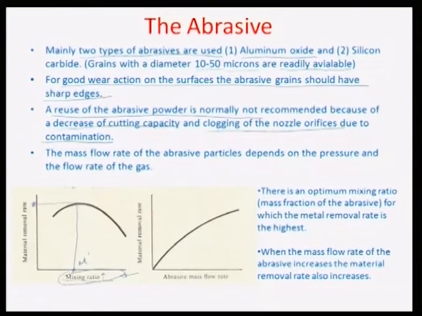If you look at various mixing ratios, the more you are loading the air abrasive slurry and increasing the mixing ratio, the material removal rate would first increase, okay, and then after a certain optimum peak is reached, there is chaos or confusion because the loading density has been optimized. Okay. So, this is the optimized loading density, and then it comes down at a lower mixing ratio. So, this is the optimum best in terms of material removal rate.